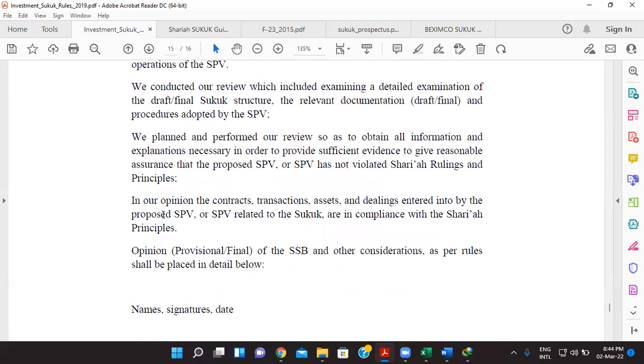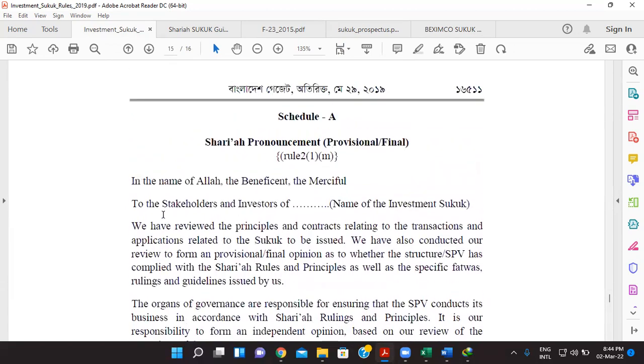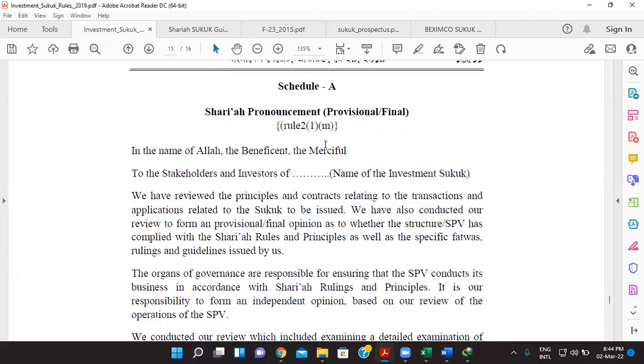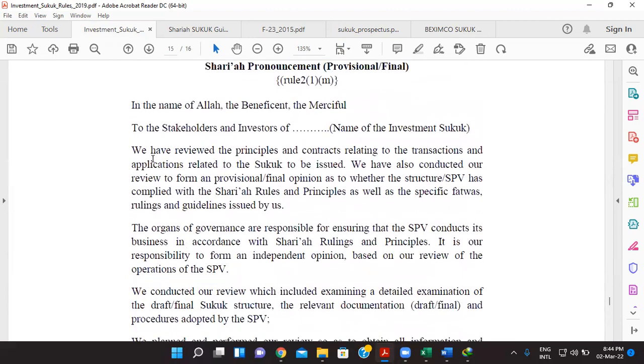Okay, let me show you the structure of how the Shari'ah Supervisory Board will pronounce. Okay, you see that this is the structure. We have reviewed the principles and contracts relating to the transactions and applications related to the sukuk to be issued. We have also conducted our review to form a provisional final opinion as to whether the structure of the SPV has complied with the Sharia rules and principles, as well as the specific fatwa rulings and guidelines issued by us.